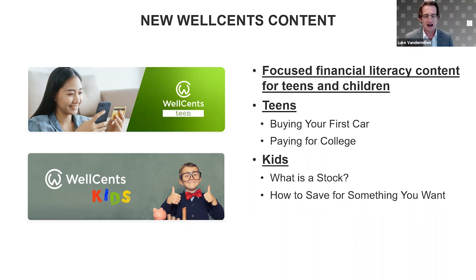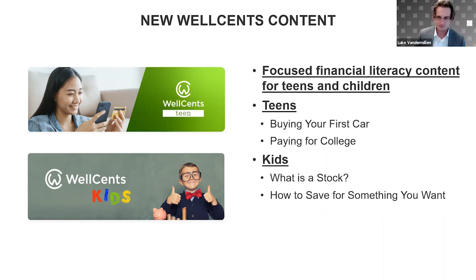We have a few articles that are directly geared towards those audiences, whether for teens, it's about buying your first car, or paying for college, or for kids, just going over what a stock is, etc. There's a lot of really good content in there. So you'll have a specific option to enable the WellSense Teen or WellSense for Kids options within your employee logins as well.